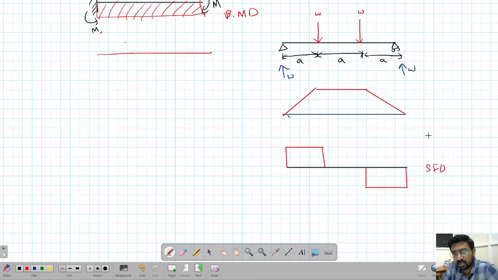This is the shear force diagram, and this is the bending moment diagram. The shear force value will be W. The bending moment value you can calculate; W into A will be the maximum value. I hope you are able to calculate this. Otherwise, you can see the bending moment and shear force videos.